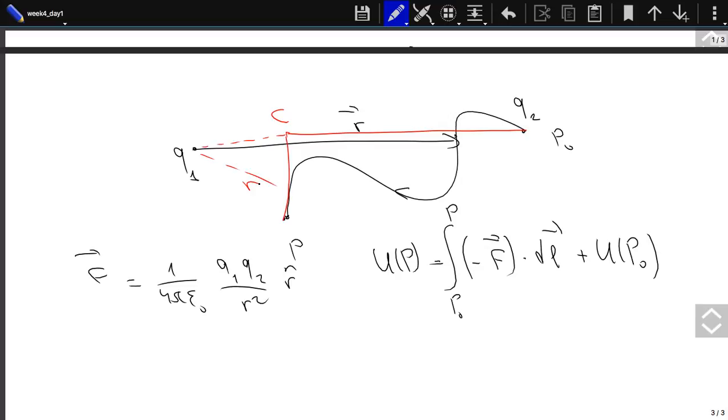But along this path, the angle is either 0 or 180 degrees, depending on whether they have opposite charges or the same charge. So it will be easier to calculate this integral along this path than along the other one. Along the arc, the contribution is 0 anyway.